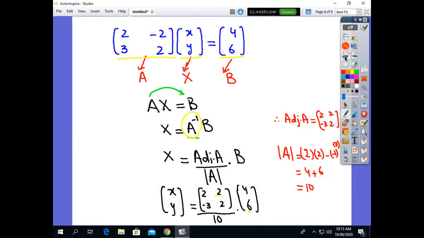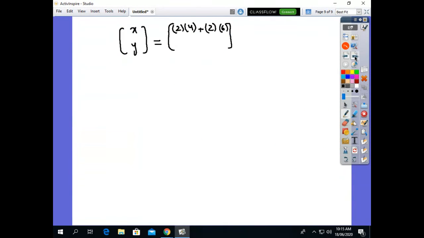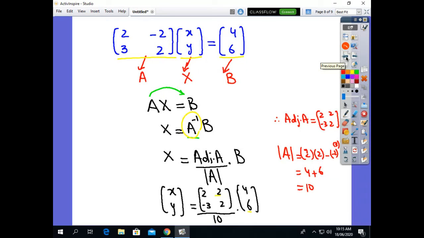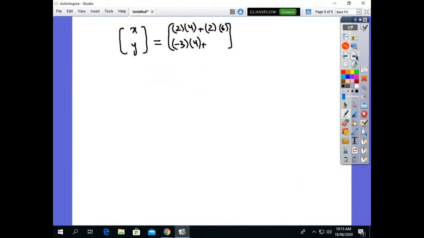Now multiply negative 3 with 4, negative 3 with 4 plus multiply 2 with 6, and divide it by 10.